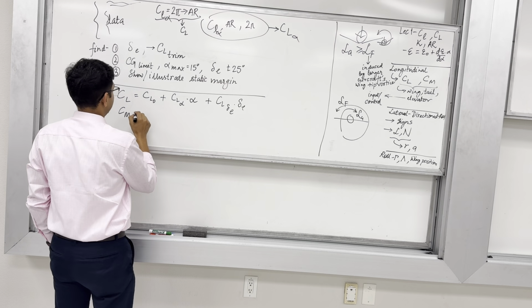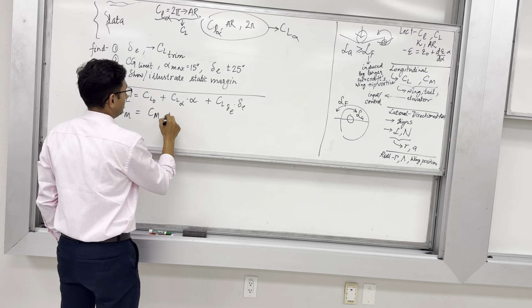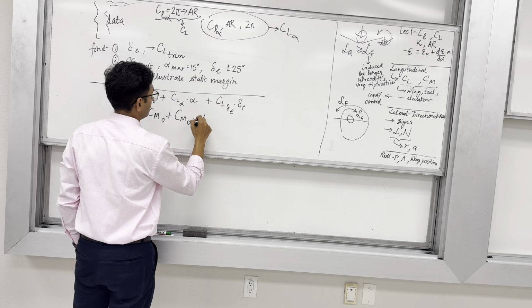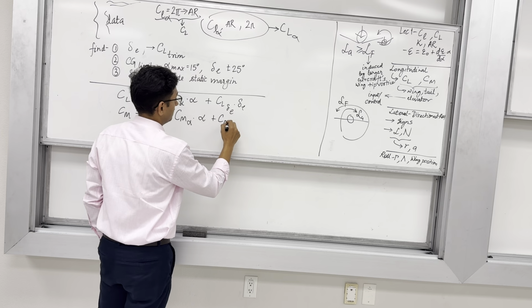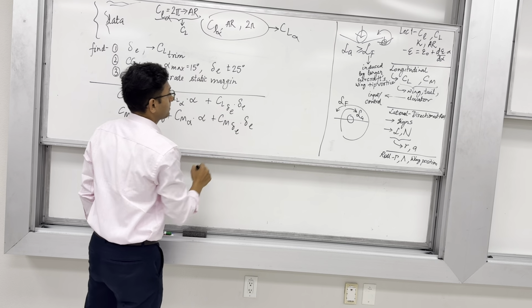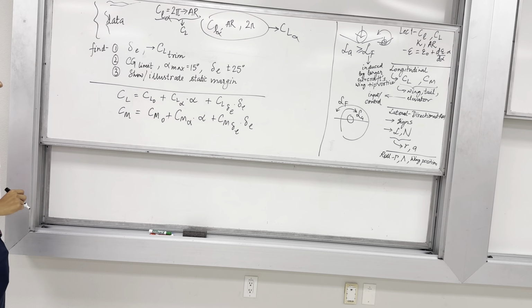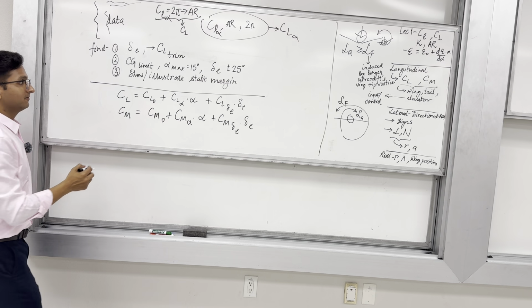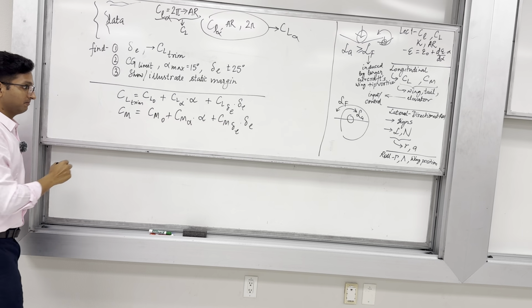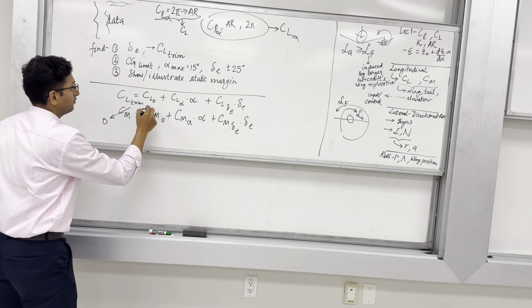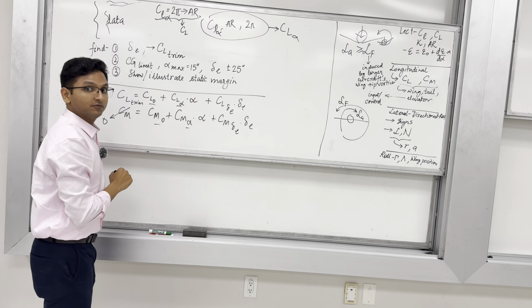Cm is equal to Cm naught plus Cm alpha times alpha plus Cm delta E times delta E. Now at trim, what is the value of CL? CL trim. What is the value of Cm? 0. The way you found out these two, can you find out these two from the given data?